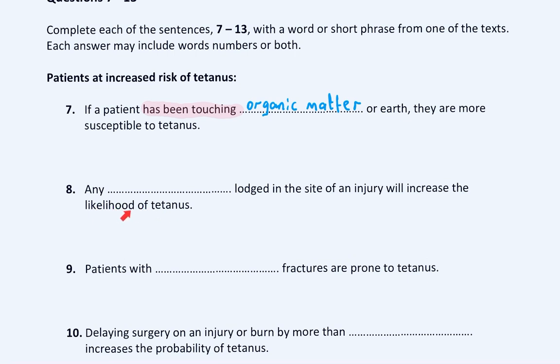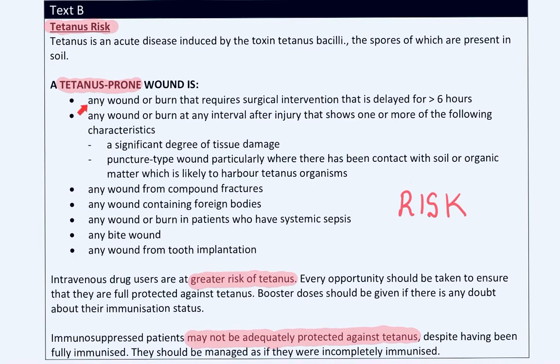So we are going to rest. When you read quickly, I can see something like any wound containing foreign bodies. So lodged, containing, or staying somewhere. And the object that can expose you to tetanus is what? Foreign bodies.